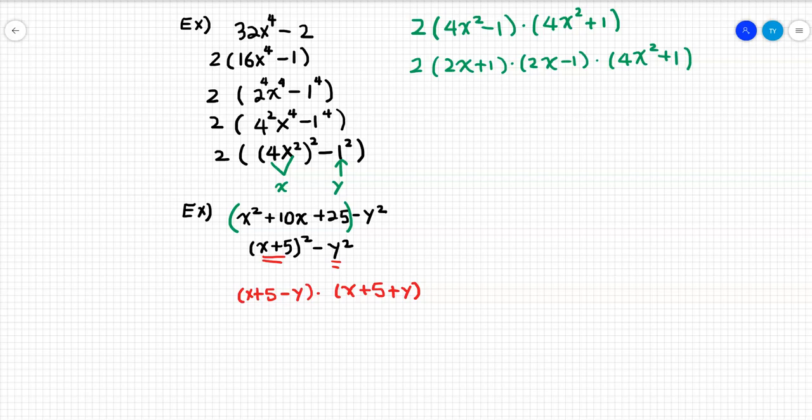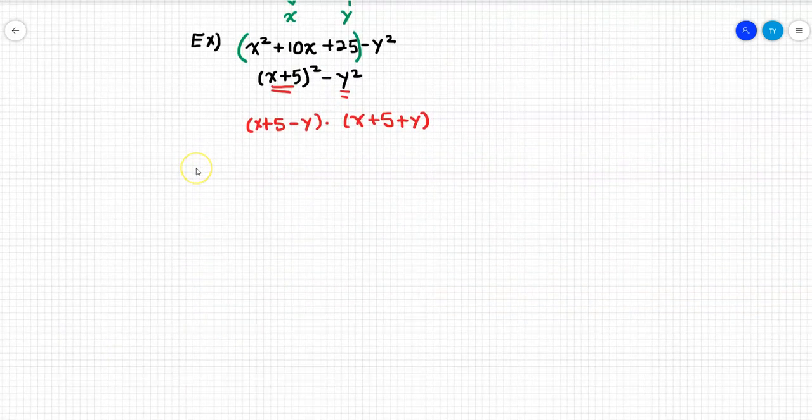Let's look at the next type. Here, we have something called the sum of cubes and the difference of cubes. So we have the sum of two cubes.